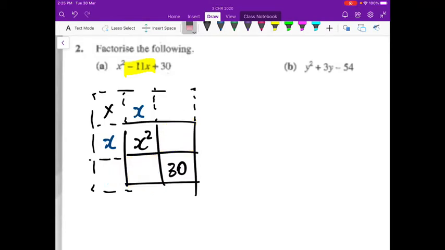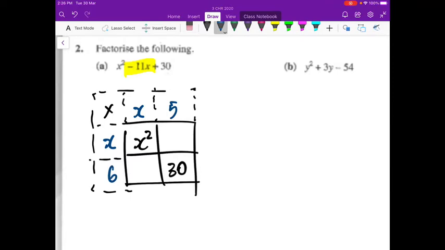That's the easier part, okay? So besides 10 and 3, what else have we not tried? 2 and 15. Okay, let's try 2 and 15. 2 times x, 2x. 15 times x, 15x. 15x and 2x can get 11x or not? Cannot. Okay, what else to try? 5 and 6.